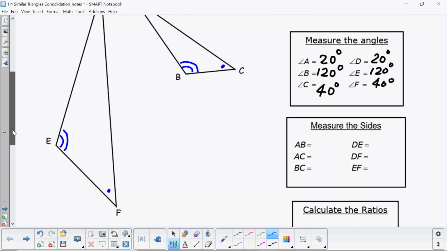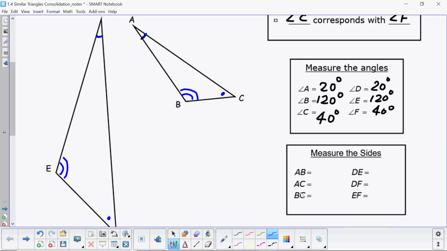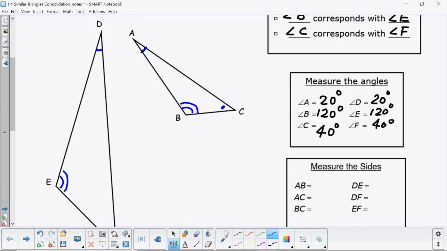Okay, so next one, pause this video and measure the sides. Use a ruler. And I will show you what the numbers will be after measurement. So I have some numbers here.